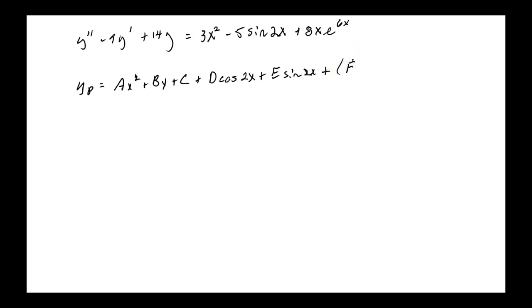F. Okay, now, (Fx plus G) times e to the 6x. Is that what you said? Nicely done. If I understood your parentheses, yes, I thought I heard them in there. That's a G there. It's a really ugly G. But that looks like it'll do it.